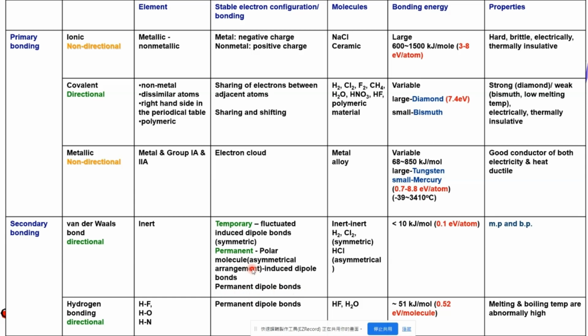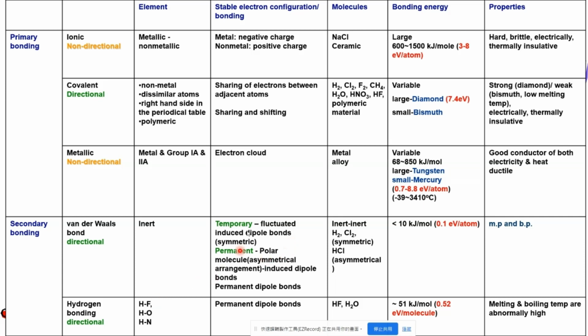The second one is the induced dipole bond. And the third one is the fluctuating induced dipole bond, which we also call London dispersion force, the fluctuating force.